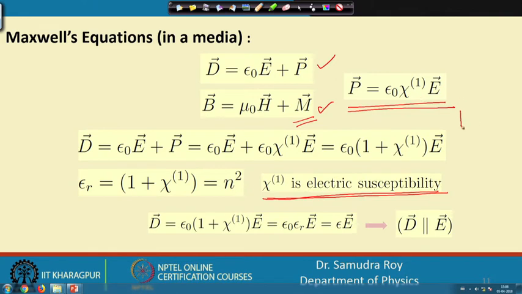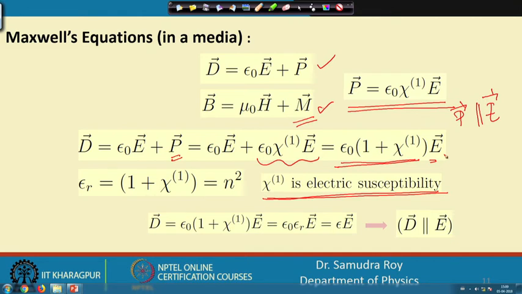So, in this particular case the vector P is parallel to E. Now if I use this equation here, replacing P with this condition, I will have epsilon 0 times 1 plus chi 1, multiplied by E, is equal to D.